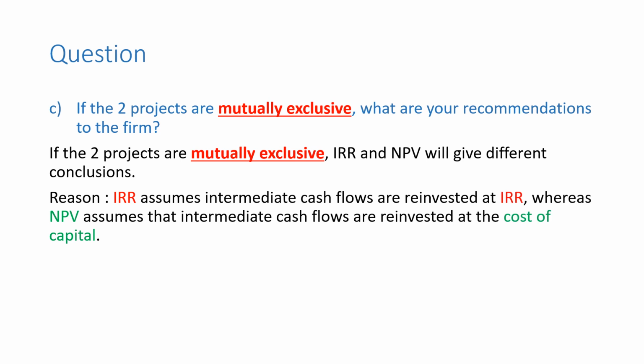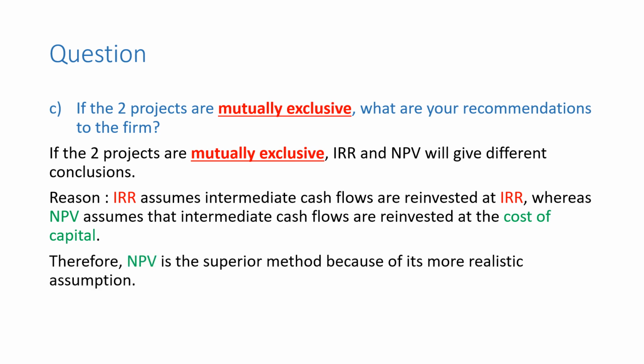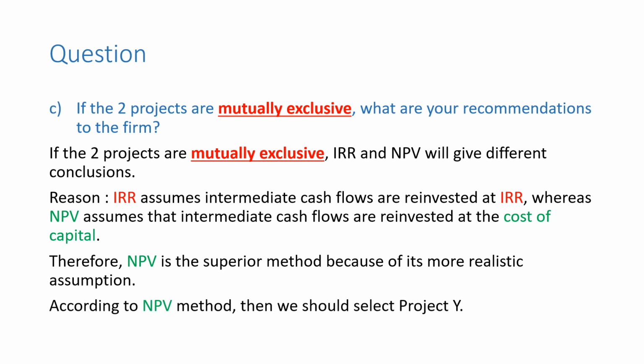Reason: IRR assumes intermediate cash flows are reinvested at IRR, whereas NPV assumes that intermediate cash flows are reinvested at the cost of capital. Therefore, NPV is the superior method because of its more realistic assumptions. According to NPV method, then we should select project Y.